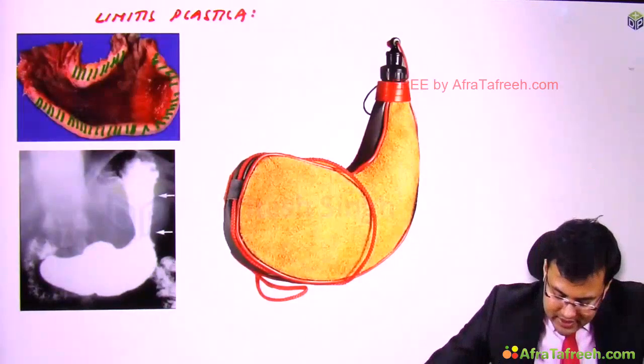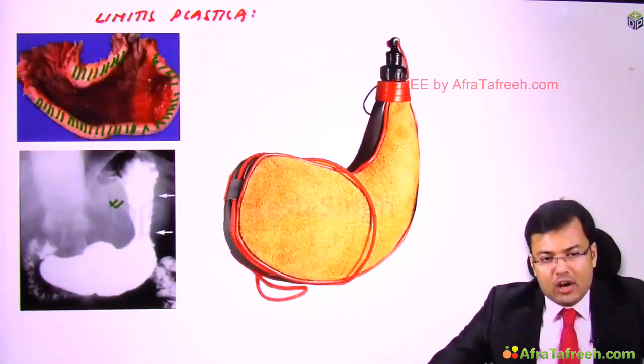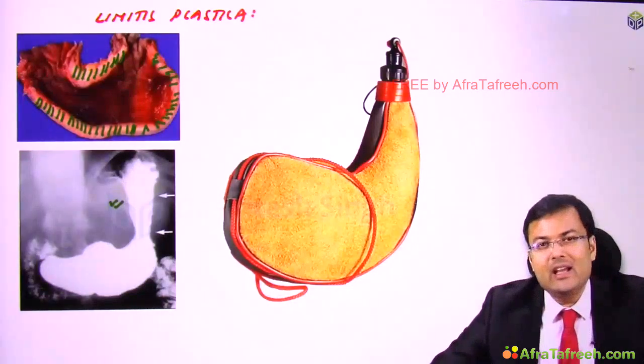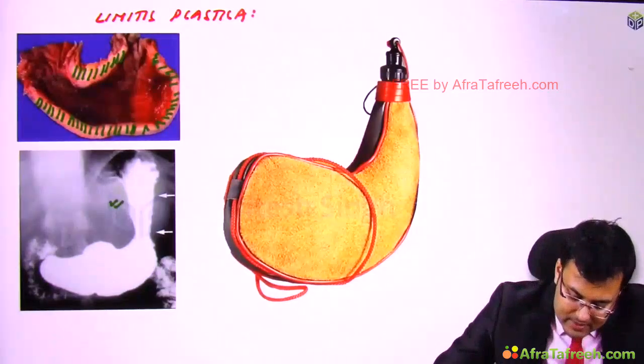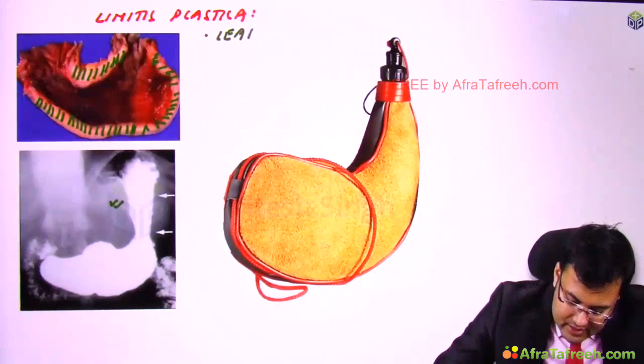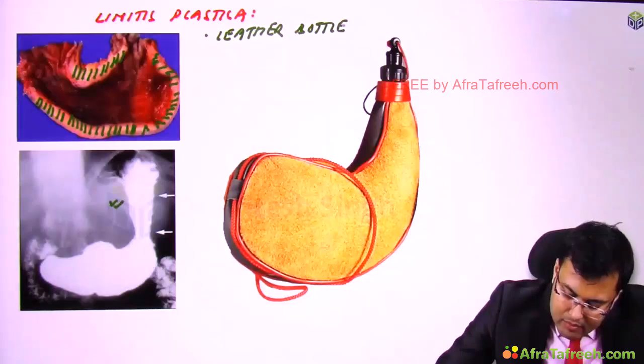On barium meal, it looks like a leather bottle, and that's why it's also known as leather bottle stomach.